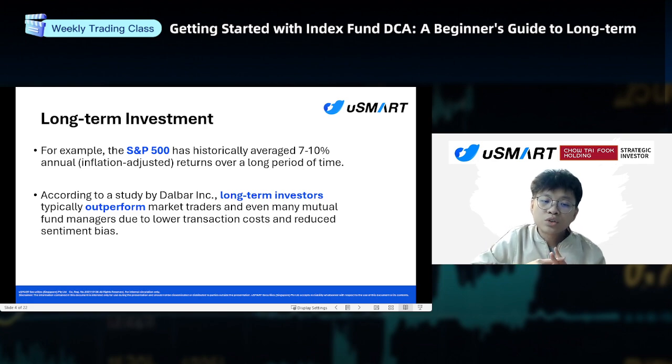So it can reduce your transactional cost and let your platform not earn that much from you, and it can also reduce your sentiment biases, which means that if you are bullish on the global economy, then you can just always go for bullish, instead of watching the chart and having to identify whether it will go up or down.